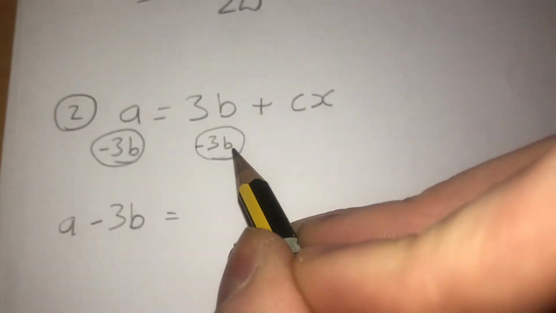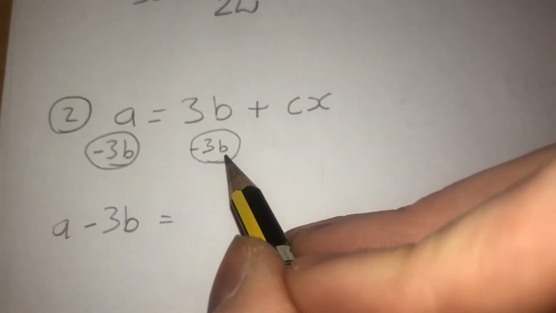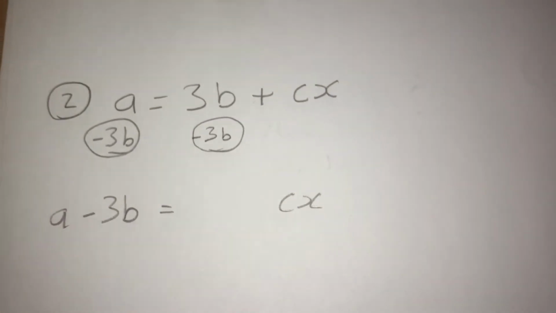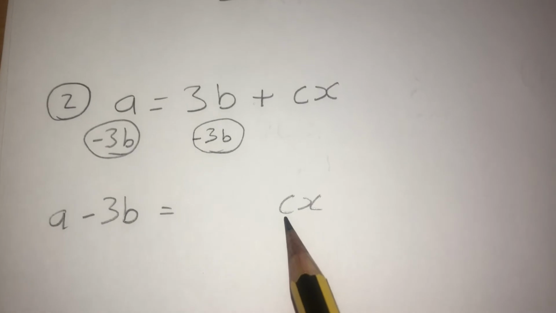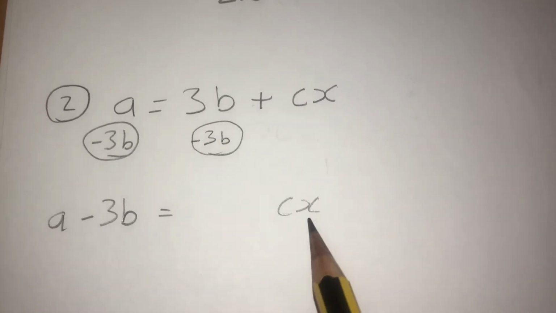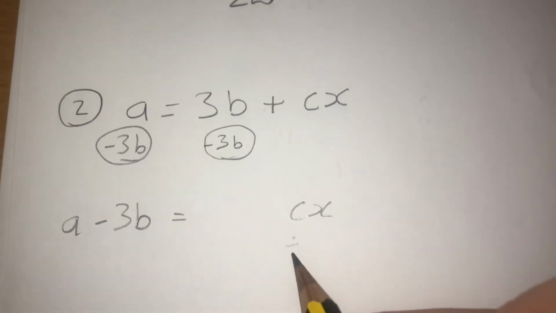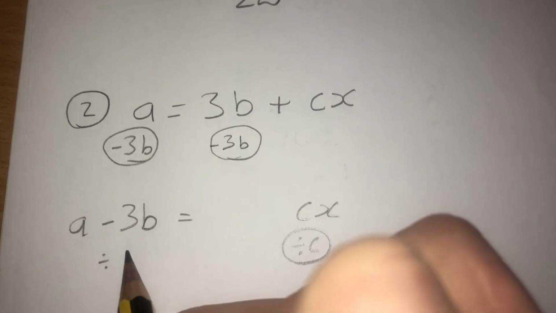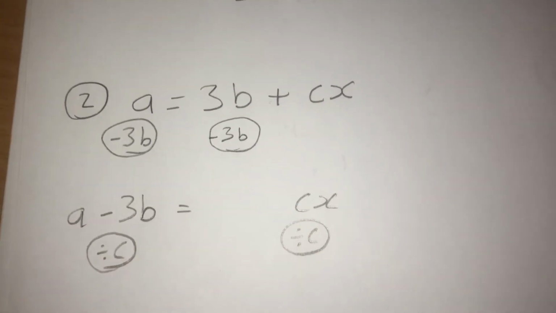Is equal to 3b take away 3b, which is 0, so it's gone, which is equal to cx, which is what's left on the right hand side. Now to get rid of this c, because again it's x that we want on its own, remember the c is multiplying with the x, so we just divide by c. But again, just keep in mind we have to do that to the left hand side also.